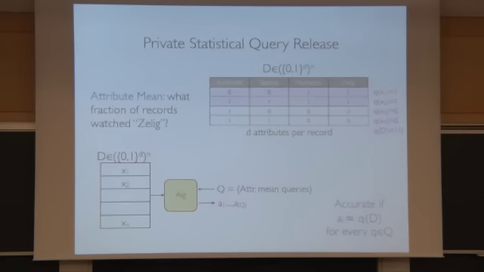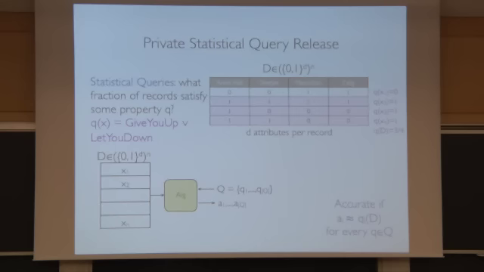That would be an example on this database. But I can consider more general queries of this form, like what fraction of records satisfy some property Q that I specify. Maybe I have some set of attributes, and I want to know what fraction of people watched either Annie Hall or Sleeper. Now I want an algorithm that takes a bunch of arbitrary statistical queries and gives appropriate answers.